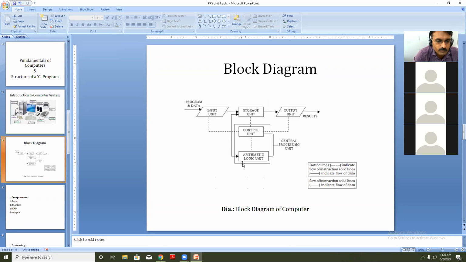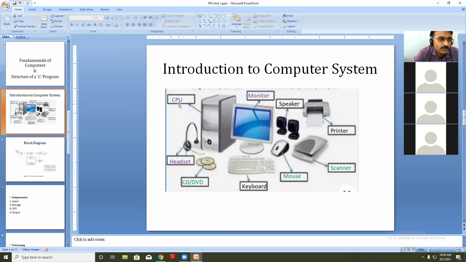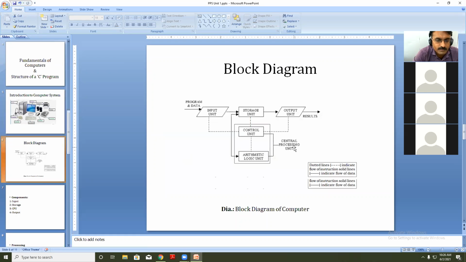The complete box we call the central processing unit, which is nothing but your CPU. In the CPU, we have this central processing unit chip, and the chip is again divided into two parts: one is the control unit and the other is the arithmetic unit. What is the purpose of this control unit?